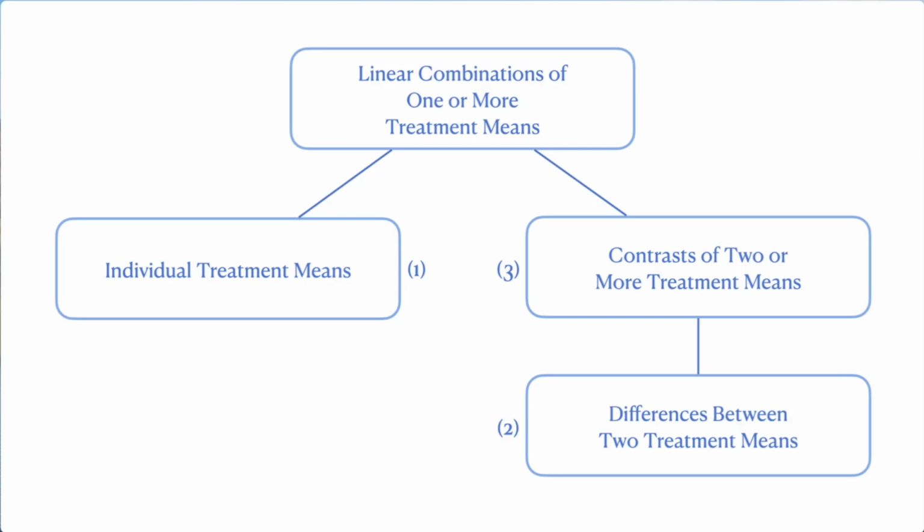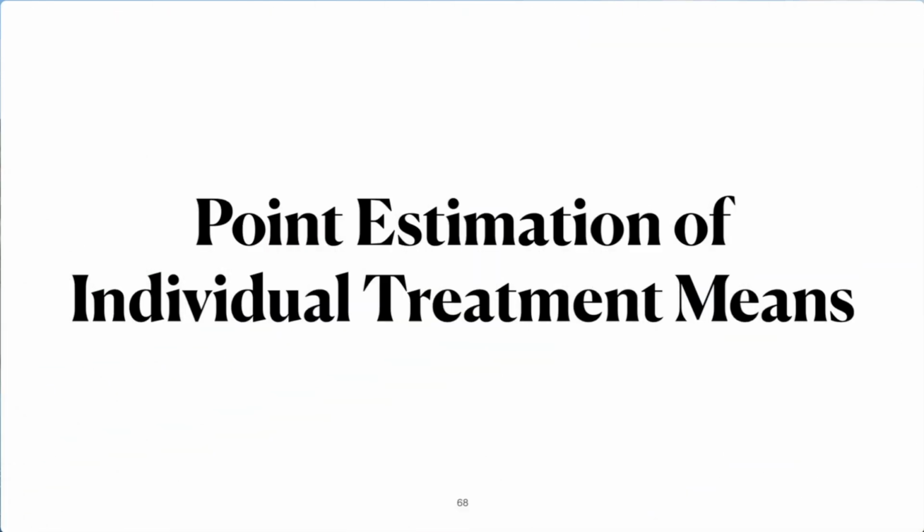We then move to the very top and look at how to construct point and confidence interval estimators of linear combinations of one or more treatment means. Once we see how to construct confidence intervals for linear combinations, we'll be equipped to come back down and construct confidence intervals for the individual treatment means. So let's first look at point estimation of individual treatment means.